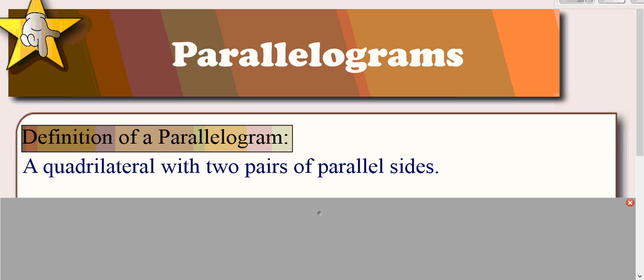So definition of parallelogram first. Two pairs of parallel sides. We talked about trapezoids the other day, where basically the two bases, the top and the bottom, are parallel. For parallelograms, the sides are also parallel.